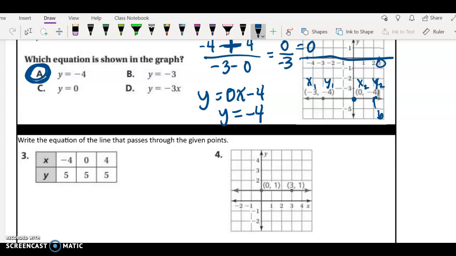Okay, so let's do these triads. So number 3, we're going to find 2 points. So I'm just going to label them x1, x2, y1, y2.